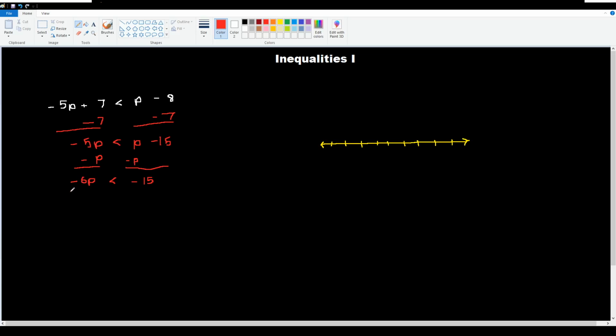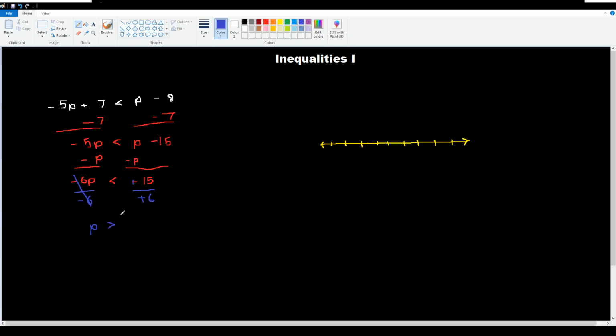As you can see, we have to divide by negative 6p on both sides. Or no, not divide by negative 6p, sorry, just divide by negative 6. So when we do that, we isolate the p, right? This becomes positive, and as I said, you flip the inequality sign.